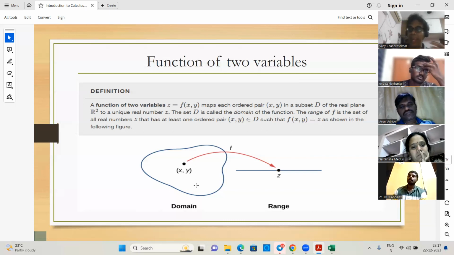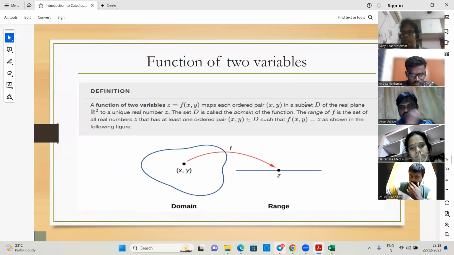So x comma y is a combination. I can pick root 3 as x and root of 9,449 as y. Any combination. Which is why we say it's an ordered pair. It's a subset of the real plane R squared.